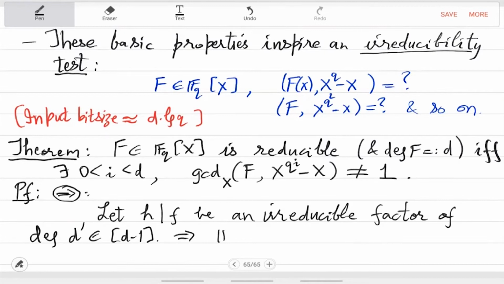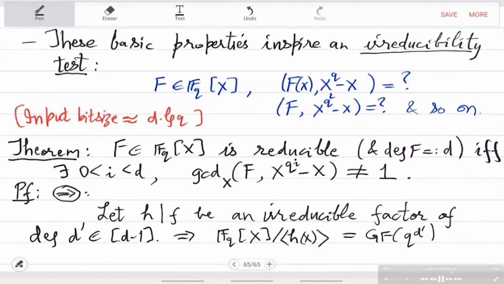So now you look at F_q[x] mod h. What is this? This is the Galois field, right? Of size? Exactly. So this is also a finite field. It's possibly bigger than F_q, and has size q to the d prime.